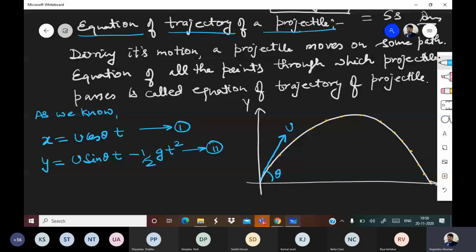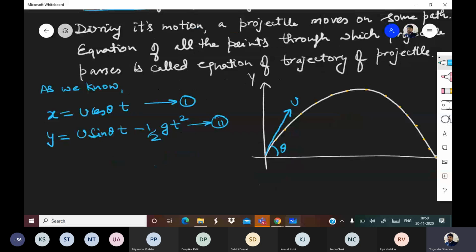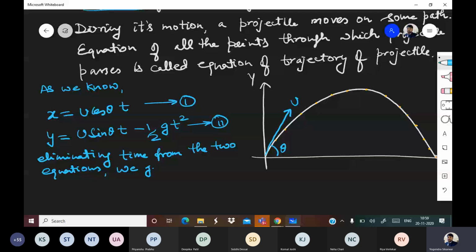So now if you eliminate time from these two equations, we get, t is equal to x upon u cos theta, putting in equation 2.